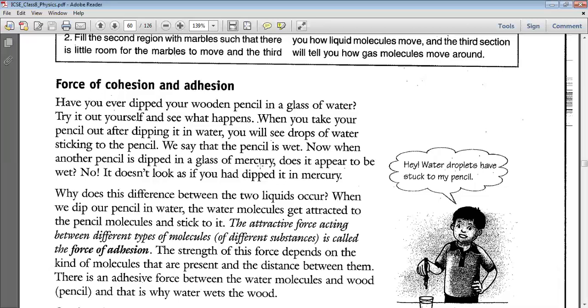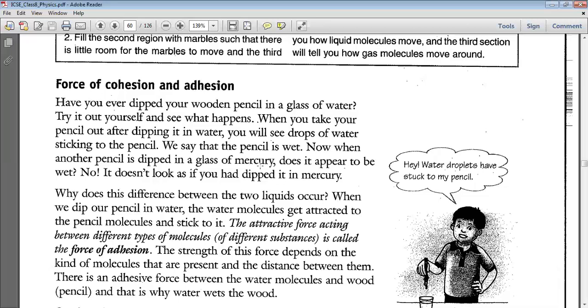On the other hand, the molecules of mercury do not easily attach with the molecules of the wood on the pencil. This difference gives rise to two different phenomena, known as the force of adhesion and the force of cohesion. The strength of this force depends on the kind of molecules present.